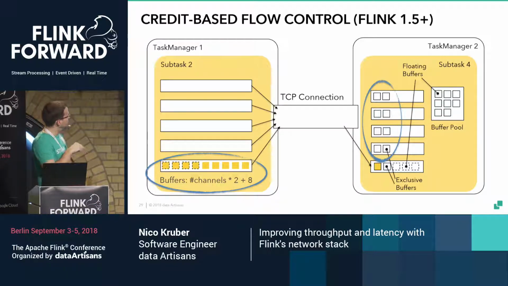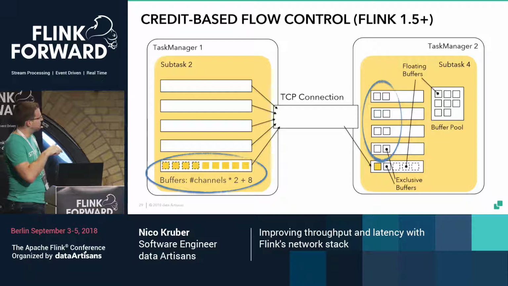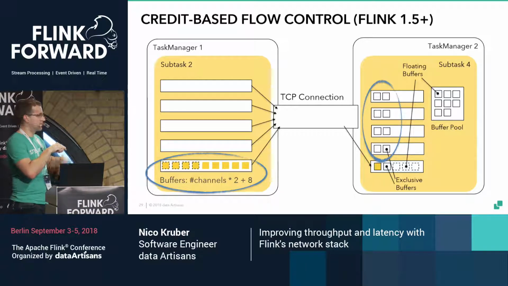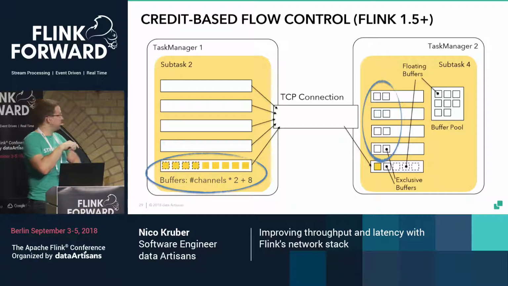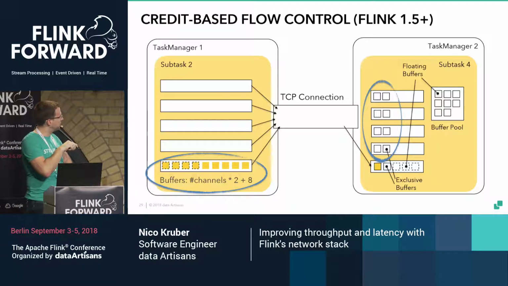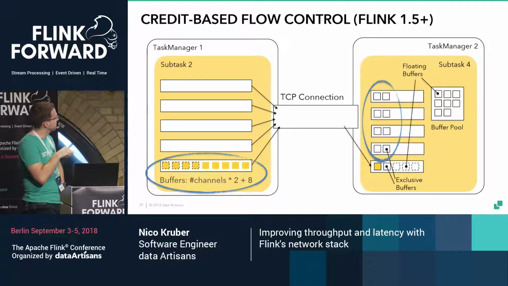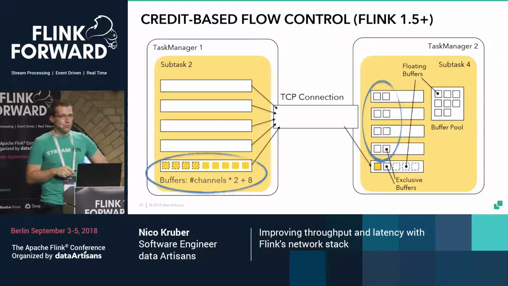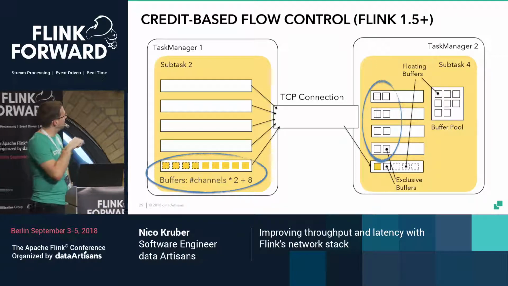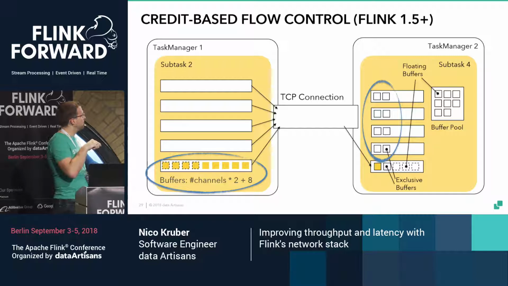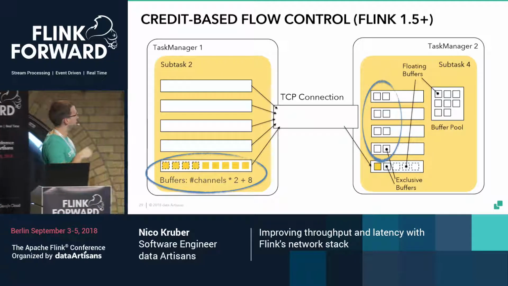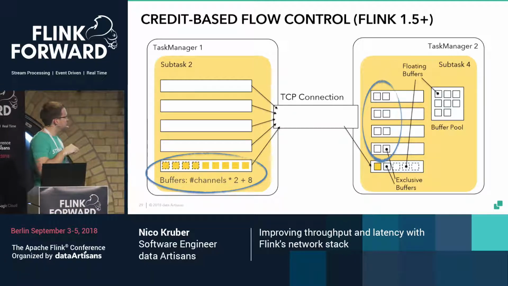So we now have a pool that's sized by the number of channels times 2. We actually use the same configuration as for the exclusive buffers, plus some added buffers. So we will have a single channel using 5 times 2, so 18 buffers, whereas if we only had this one channel, we would be using 1 channel times 2, so only 10. So we do have more data here.